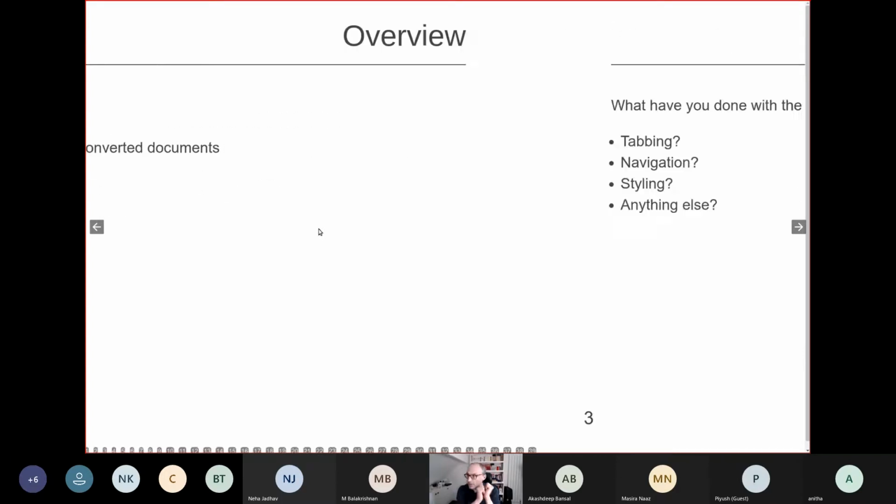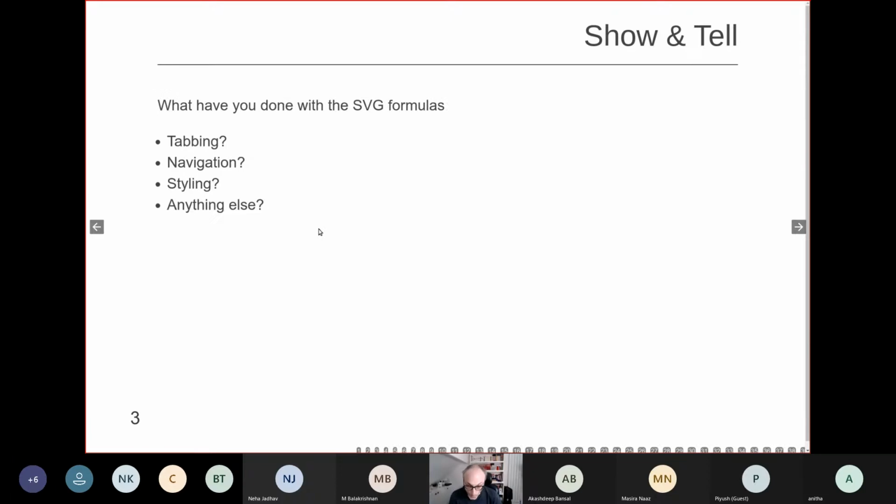Right. Okay. So my first question is to all of you. Has anybody had a chance to look into these SVG formulas that I've posted on the repository? Have you had time to play around with it? And if you have, would you like to share what you've done?